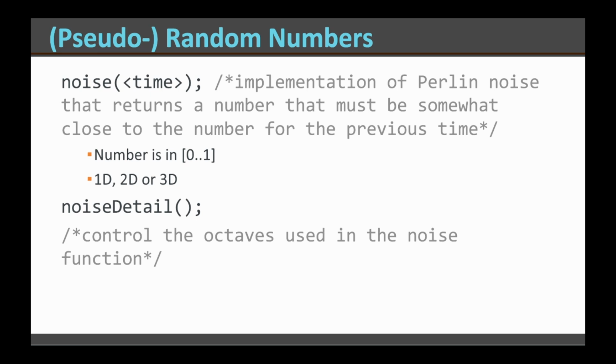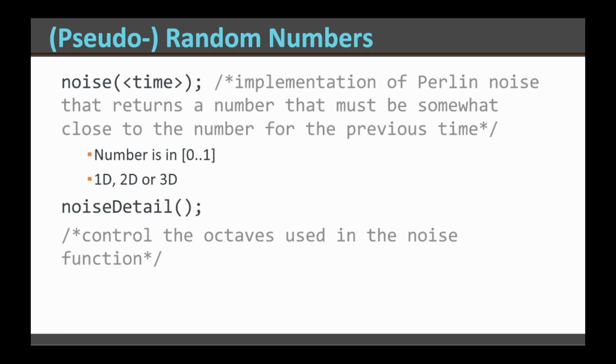Whereas with random, you don't know what the next value is going to be. One can be -1, the other can be a billion, right? You don't know. It's more pseudo-random. This is more of a controlled, continuous, but still unpredictable space. And it can be used in any dimension.